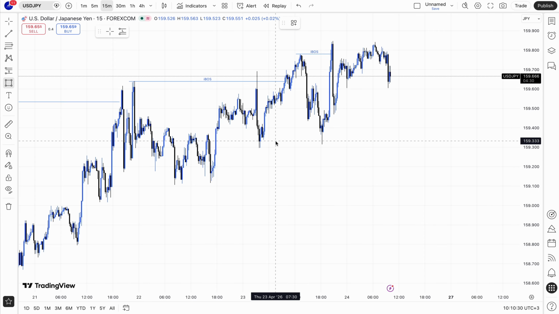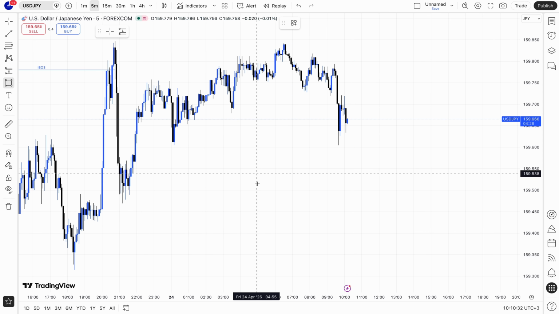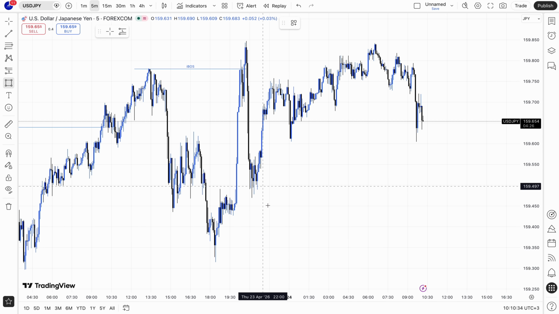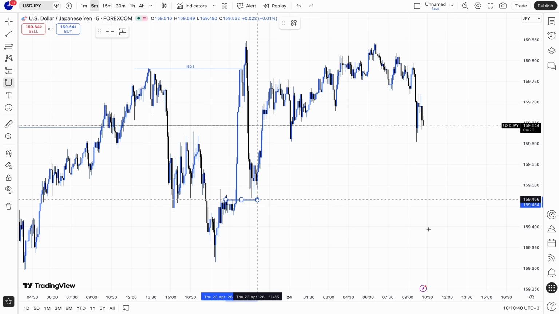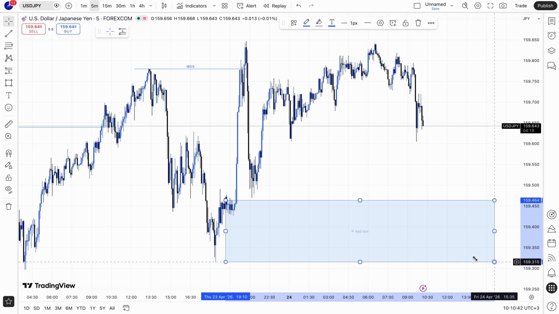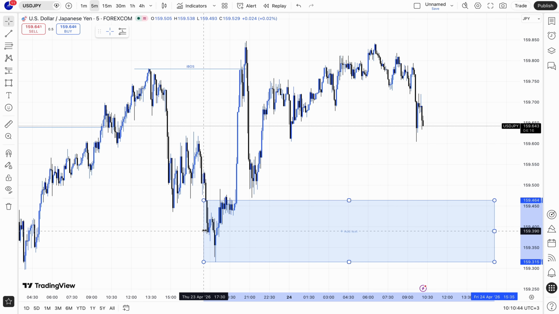And from here you can easily check the 5 minutes so that you can get a clear, it's mitigated. From here you can get our order block, the last sell to buy. Can use this order block.